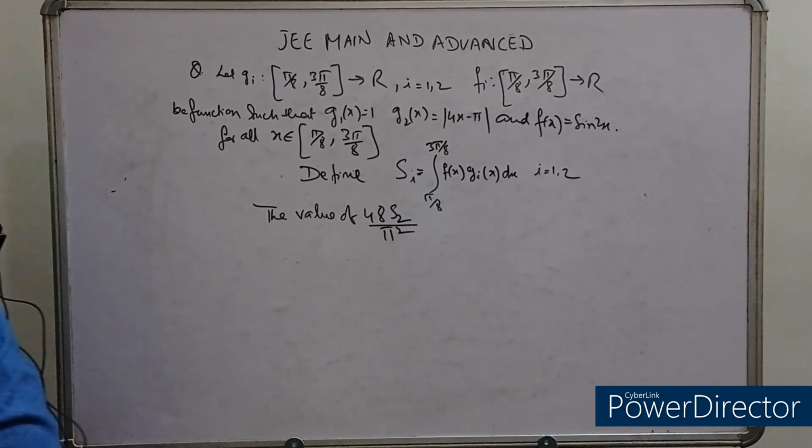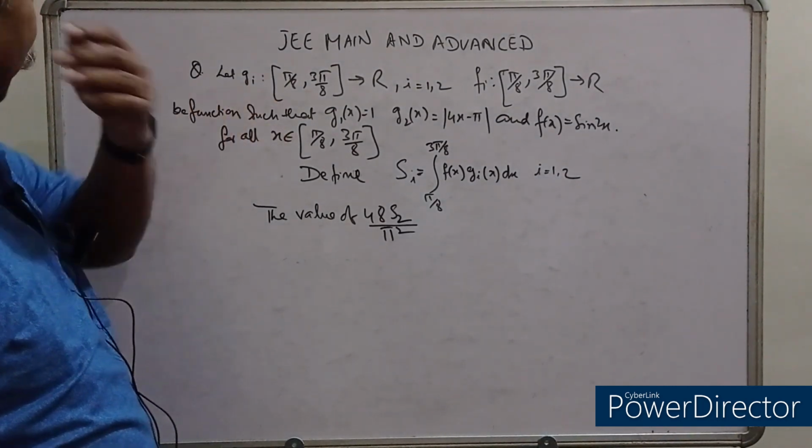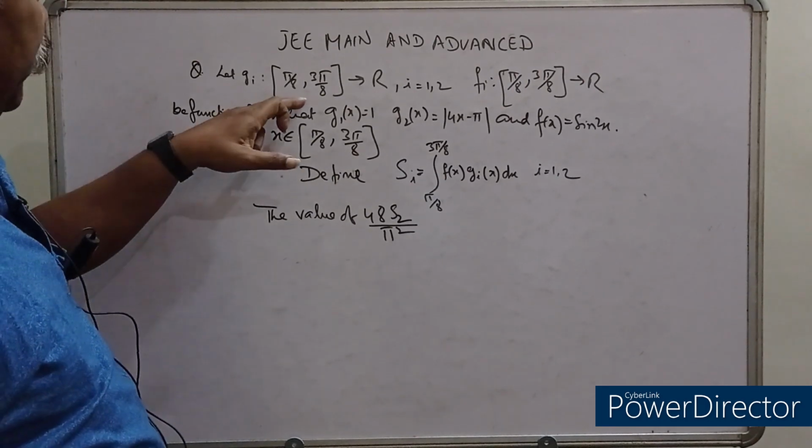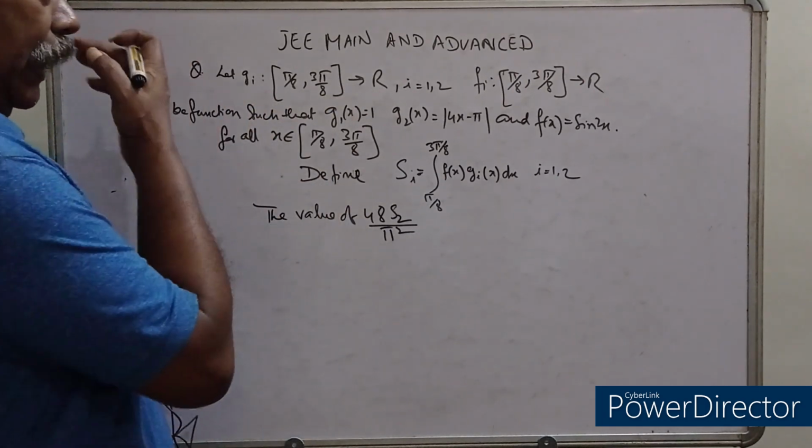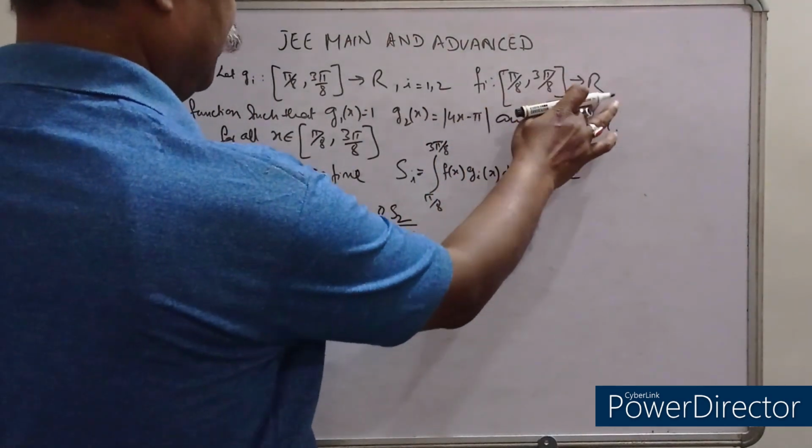Here you see that your Gi function, your domain is this and your codomain is this, and Fi function domain this, codomain this.